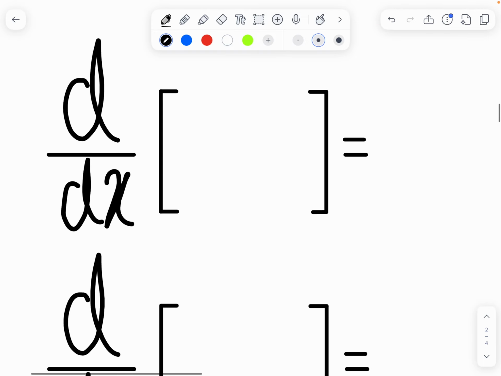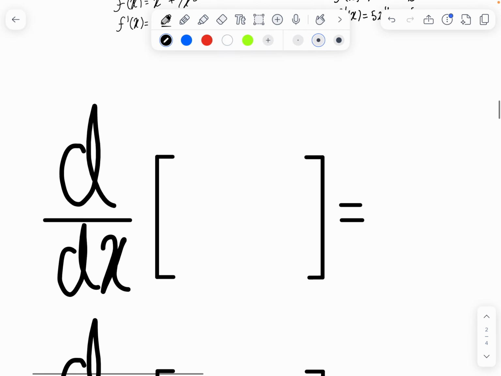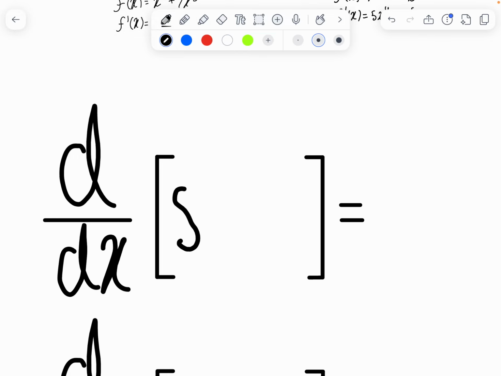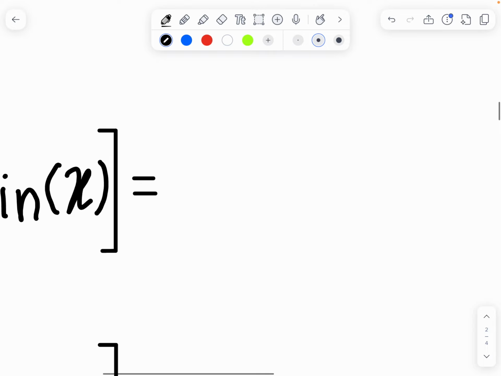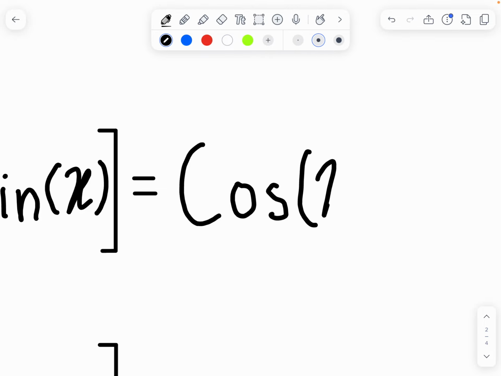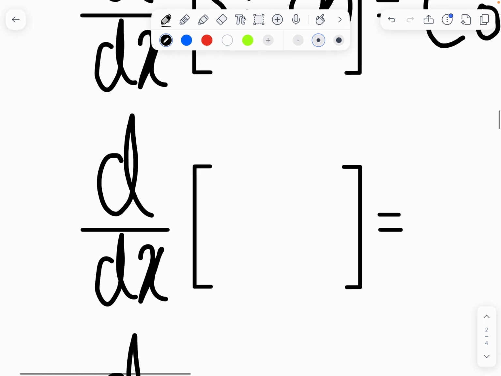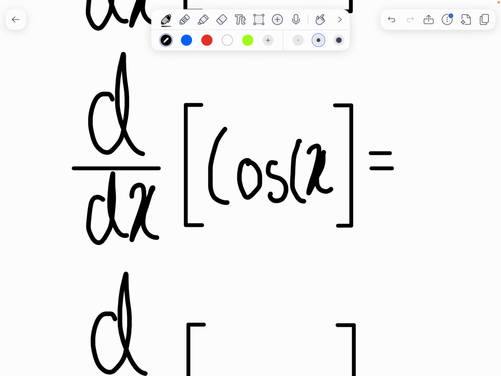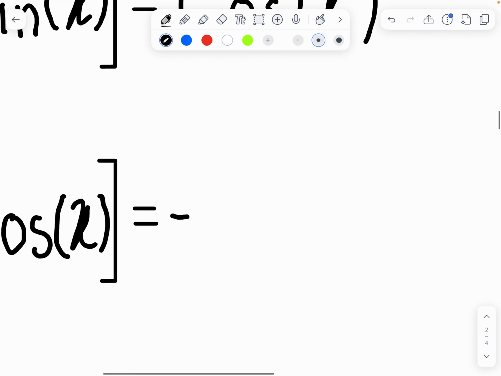Okay. So let's get started. The derivative of sine x is equal to cos of x. The derivative of cos of x is equal to negative sine of x.